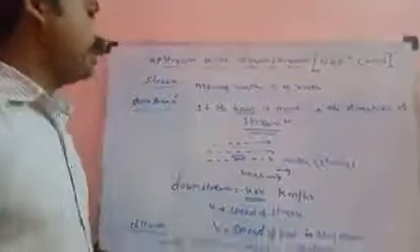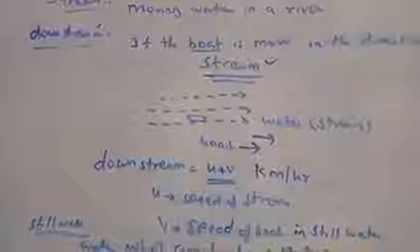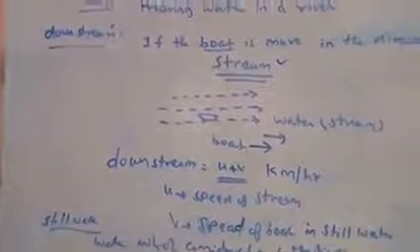But generally it is treated as kilometer per hour. That is downstream. So now you know about downstream and the corresponding formula, that is u plus v. So these are all about the stream, upstream and downstream.